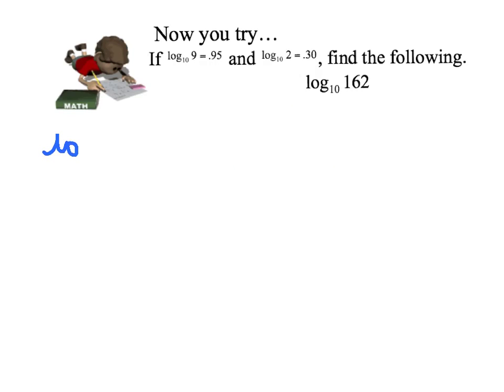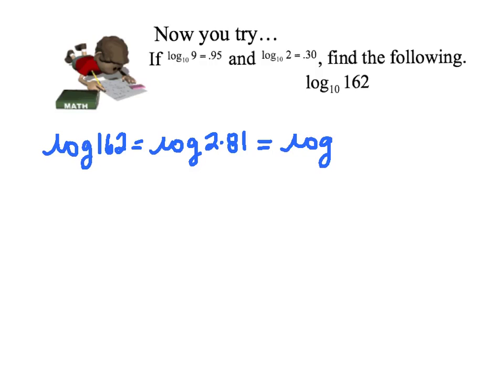We know that the common log of 162 can be expressed as the common log of 2 times 81. 2 times 81 is equal to 162. And I know then that I can express this as the common log of 2 times 9 to the second power.